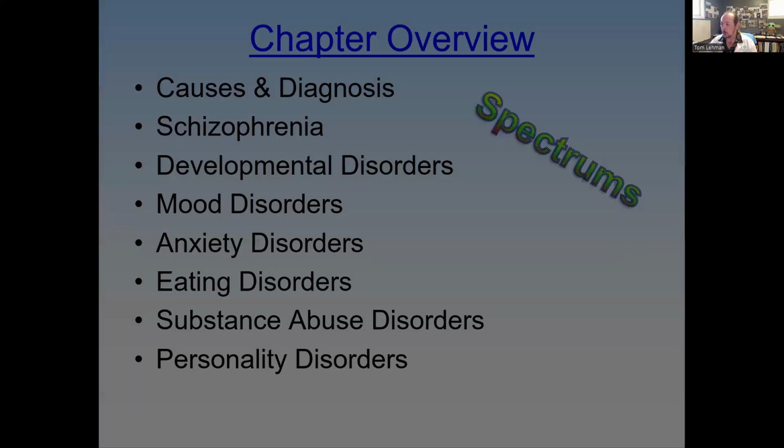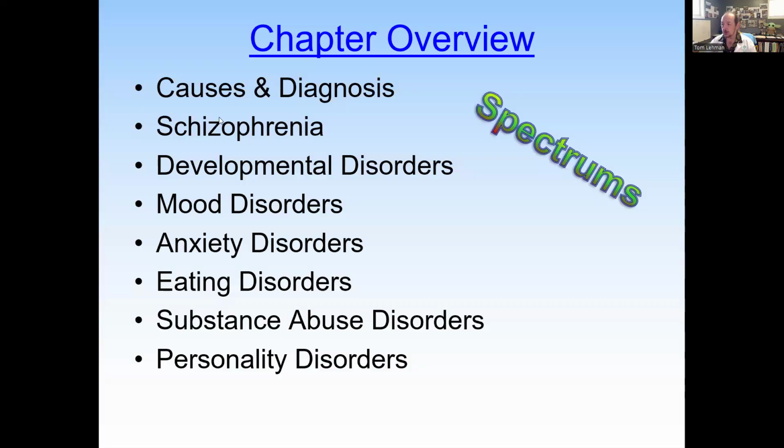Now, as we take a look, we're going to cover an introduction to the chapter in this video. And for that, we're going to look at the overview, which is breaking down a lot of these disorders into groups.